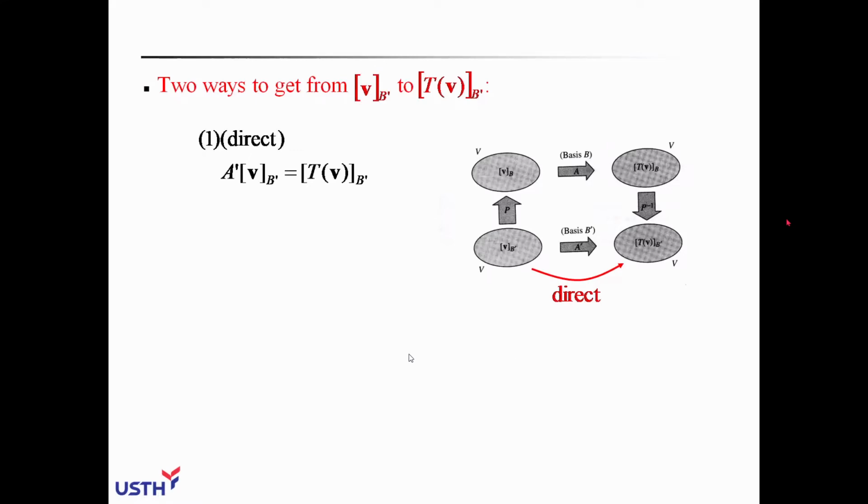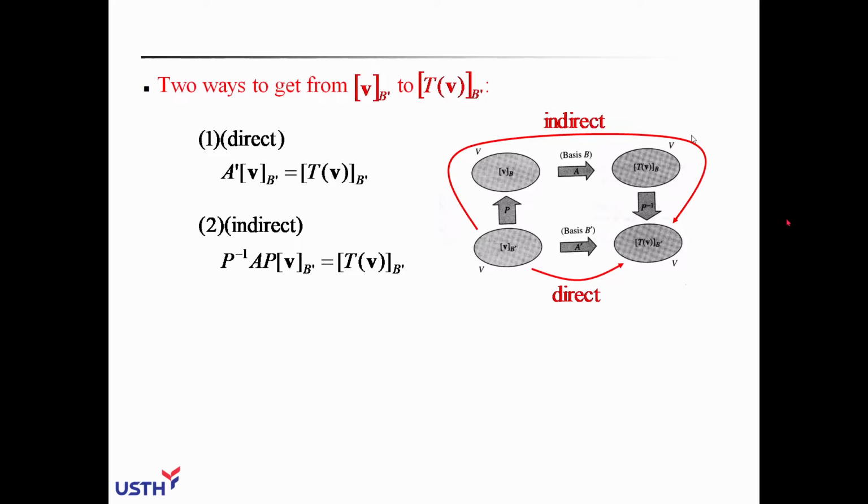But also we have the indirect way. The indirect way, like that. We go by that way. And you see, that way is exactly the composition of maps from here to here, from here to here. Okay. And because of that, if we remember what we studied before the break, we have the matrix P inverse multiplied by the matrix A and multiplied by the matrix P. So it is here.